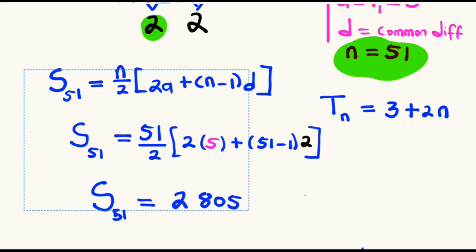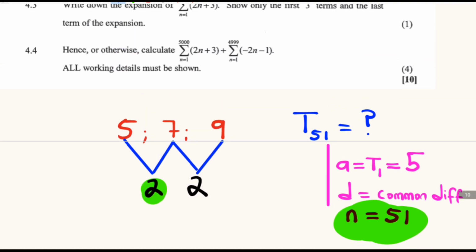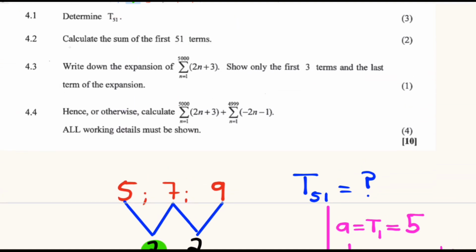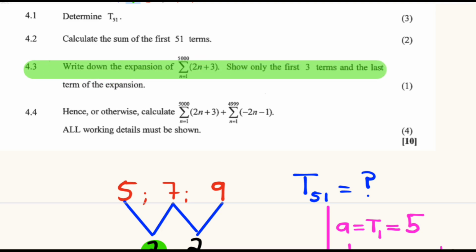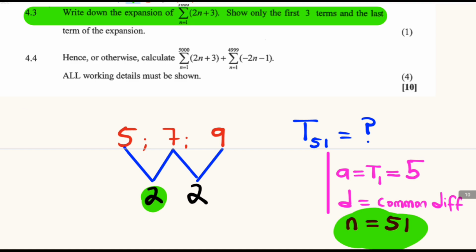We move on to question 4.3, where we write down the expansion of the sum of 2n plus 3 from n is equal to 1 up until 5,000, and we only show the first 3 terms and the last term of the expansion.